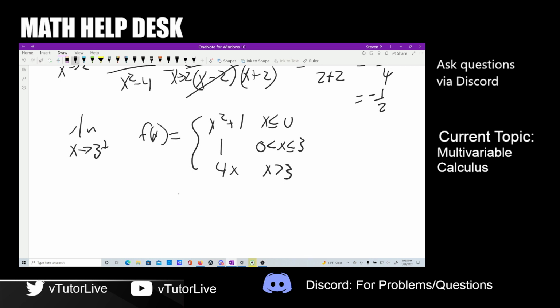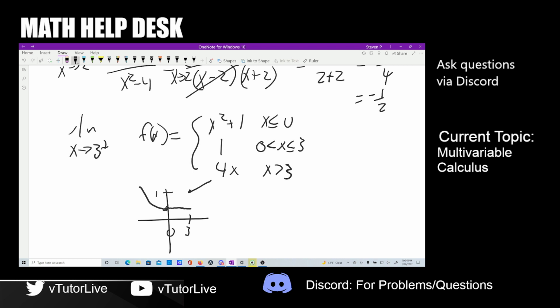Okay, I'm looking at this right now, and if we wanted to really graph it, it looks like a parabola over here, a constant function between 0 and 3, and then it looks like 4x.